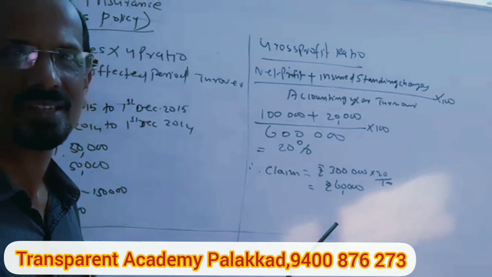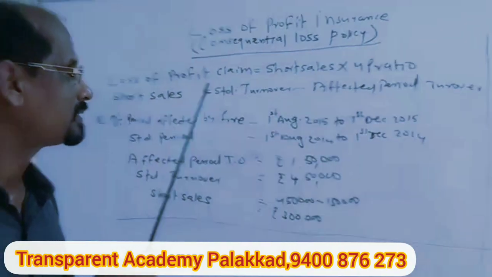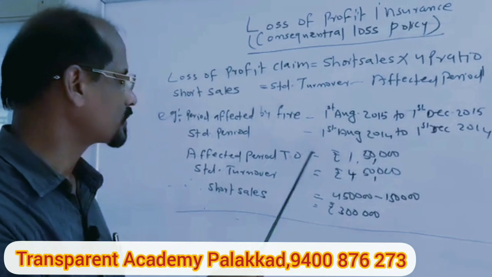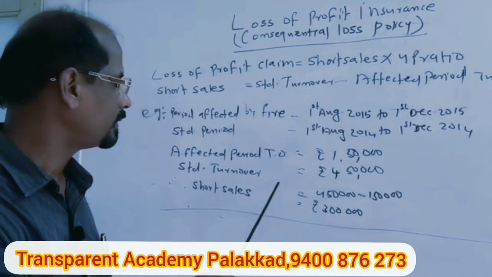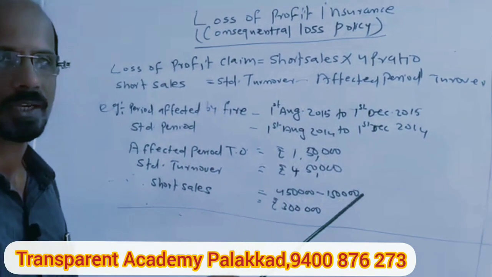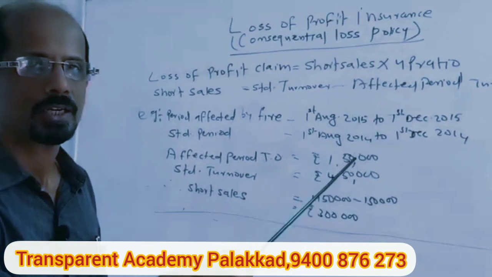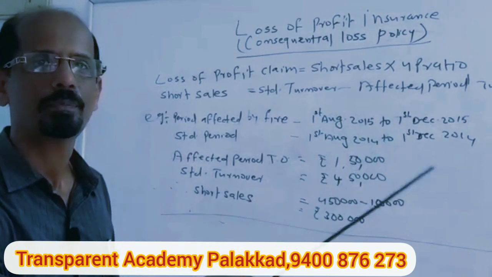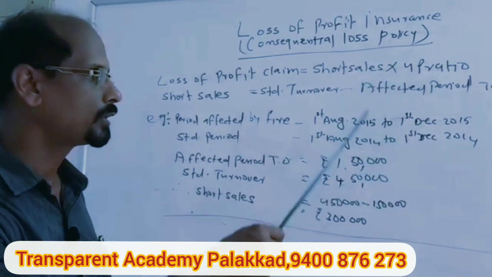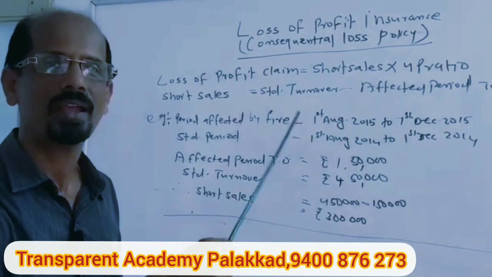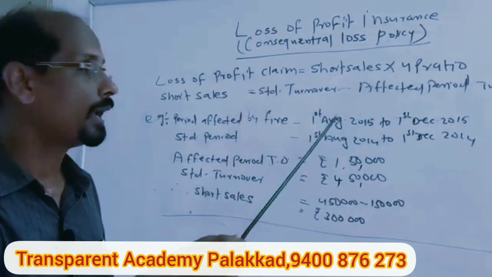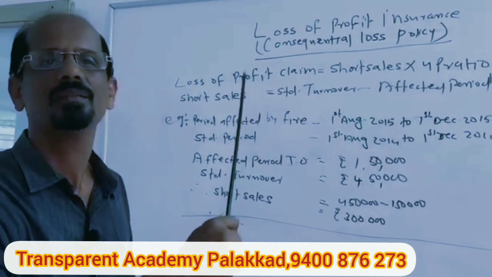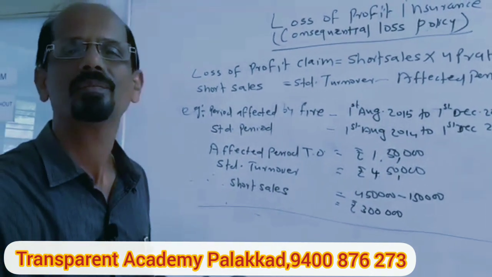So the steps are: first, calculate short sales, which is the difference between standard turnover and affected period turnover. Standard turnover is the turnover of the period in the previous year corresponding to the affected period, just before the year of fire.